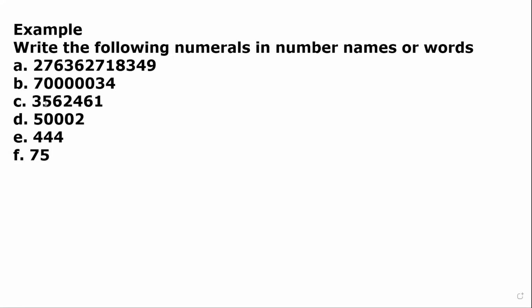C is 3562461. D is 50002. E is 444. And F is 75. Good. You're going to write names for these numbers here.